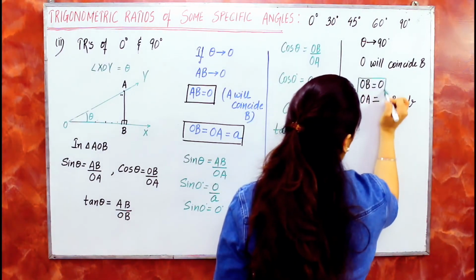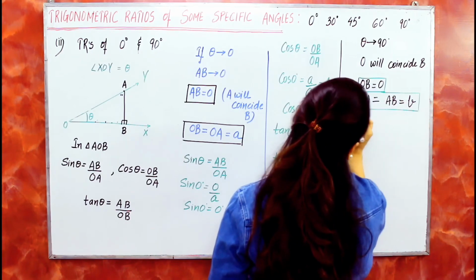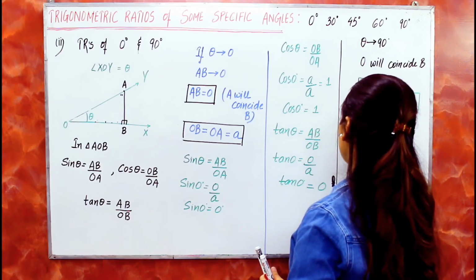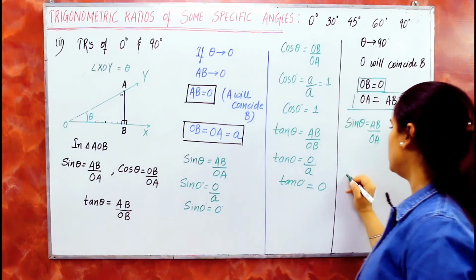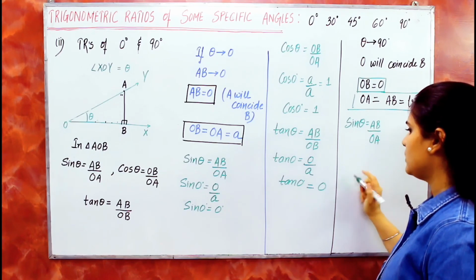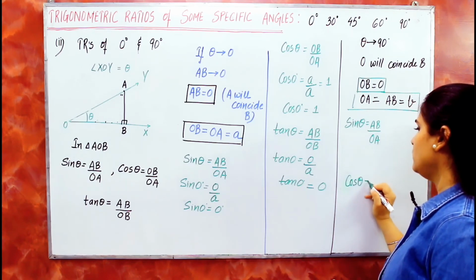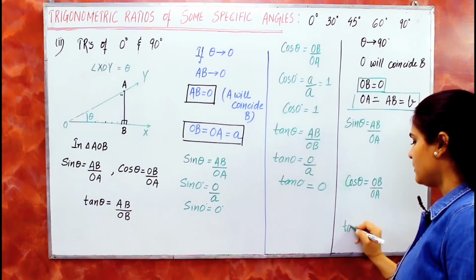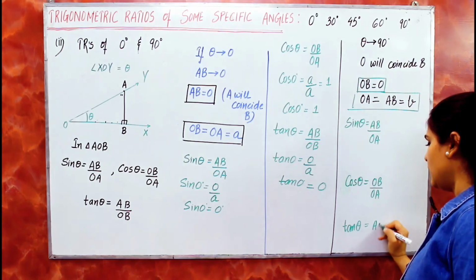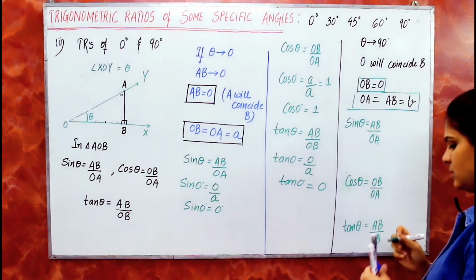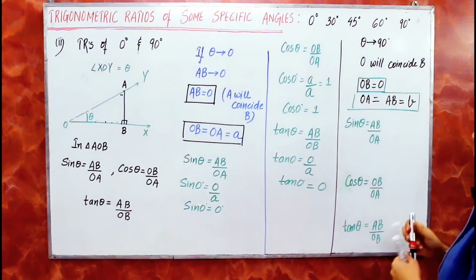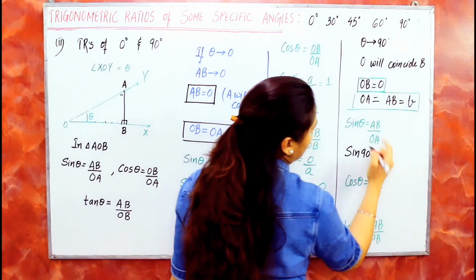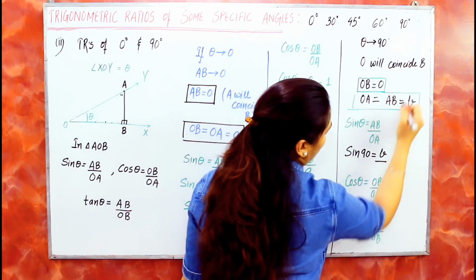Now we will substitute these values in the formulas: sin theta is AB upon OA, cos theta is OB upon OA, and tan theta is AB upon OB. So now I am going to substitute the values. At theta equal to 90 degrees, AB is equal to b and OA is equal to b.